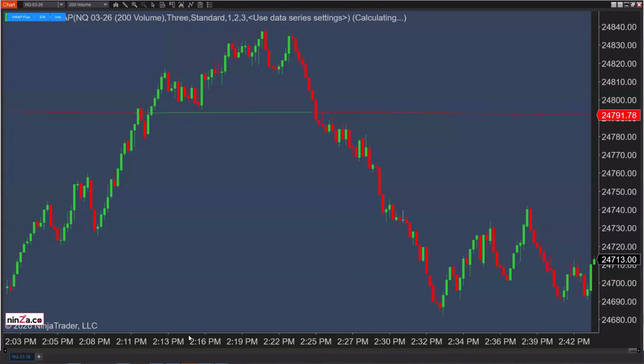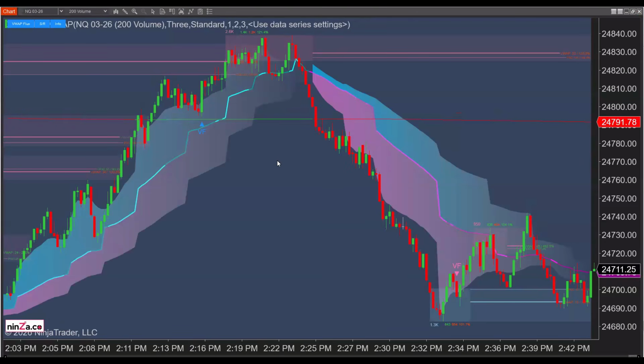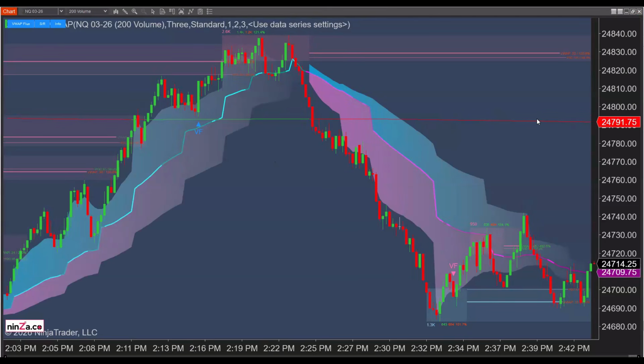So if you see, this is the traditional. It's messy. It's static. It's almost pointless. This is a lot clearer because this follows the price. It constantly adjusts itself to current market conditions.